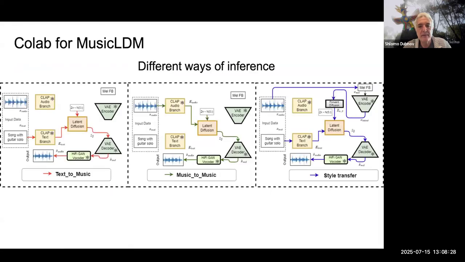Now, I think I already mentioned this, so I will skip this. Just again, text to music, music to music, and style transfer, represented maybe a little bit more graphically in a nicer way.